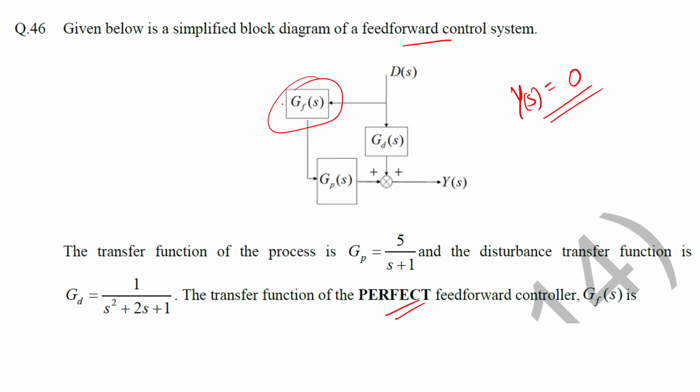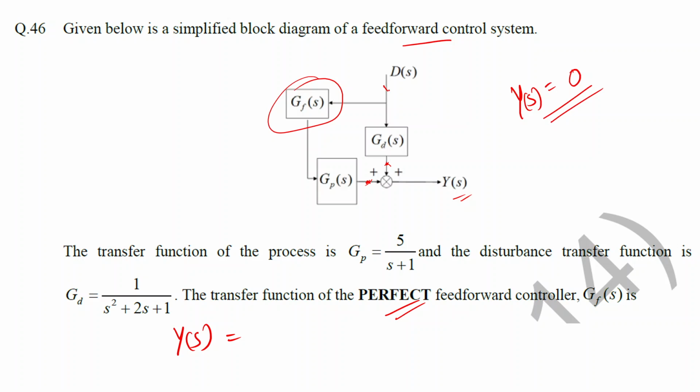So we will be finding this output equation Y of s and replacing it by 0 to find this feed forward control system. To find this Y of s, we can write it as Y of s is equal to the summation of the outputs at these two nodes. So let's find what should be my values at these two points.